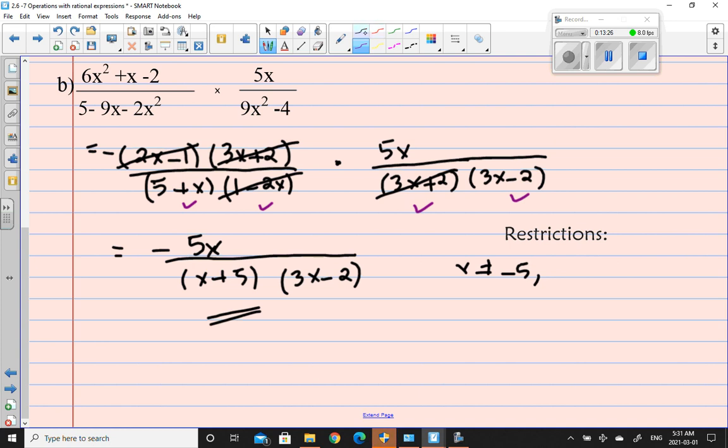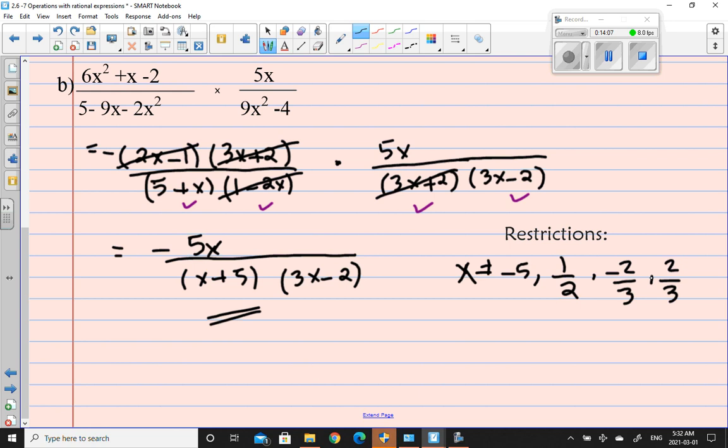If you equate 1 minus 2x to 0, you get 1 equals 2x, x equals 1/2, so x cannot be 1/2. When you equate 3x plus 2 equals 0, you get x equals negative 2 over 3, so x cannot be equal to negative 2 over 3. And when you equate 3x minus 2 equal to 0, the last one there, you get 3x equals 2, x equals 2 over 3, so x cannot equal 2 over 3. There are 4 restrictions on x.